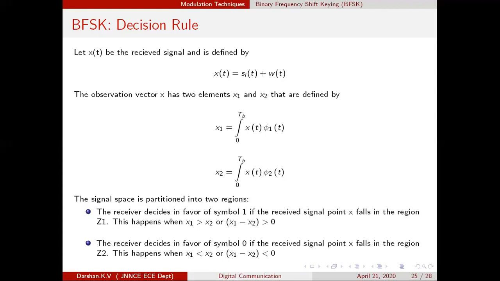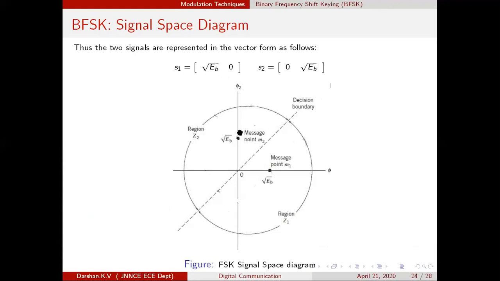Now let us observe what the values of x1 and x2 are with respect to the decision regions. We have drawn the constellation diagram, or the signal space diagram, and in that we have marked two regions also. Let me show that over here. This is the signal space, and these are the original message points.